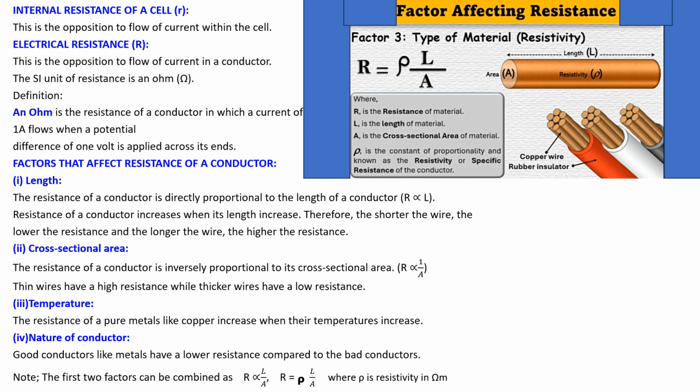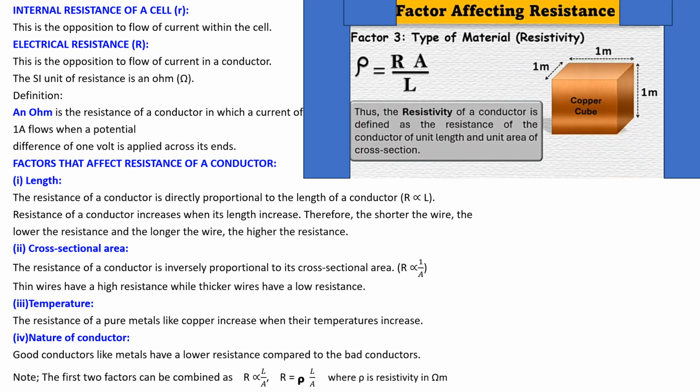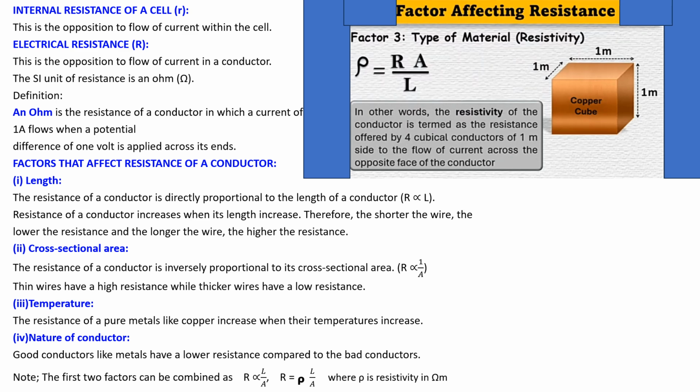The constant of proportionality is known as the resistivity of a specific material, measured in ohm meter. The A levelers, you know what we are talking about. Thus, the resistivity of a conductor is defined as the resistance of the conductor of unit length and unit area of cross-section, when area is 1 and length is 1.